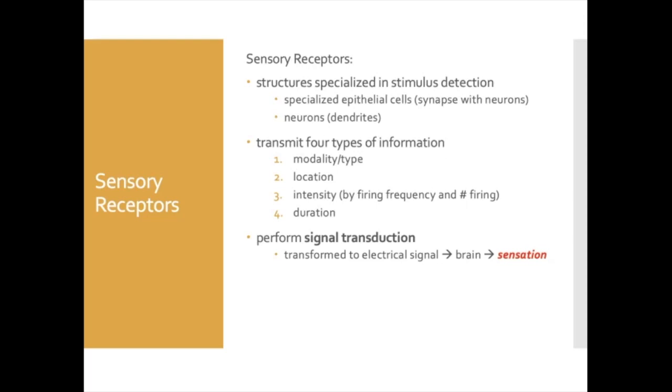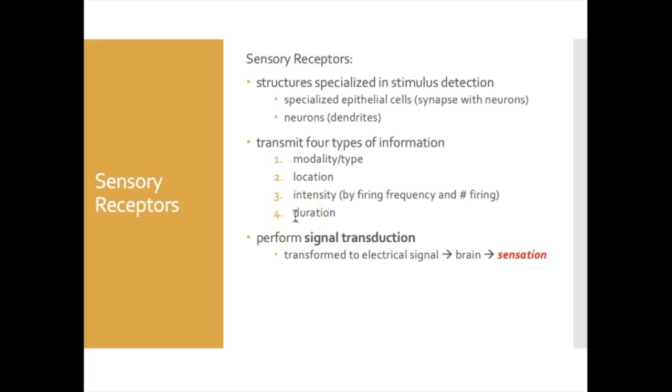We talked about modality or type of information, the location of the receptors, the intensity, and the duration. In the lecture, we discussed primarily modality or type and location. I didn't really say much more about intensity or duration. I just wanted to add in a couple more things for you to be aware of.